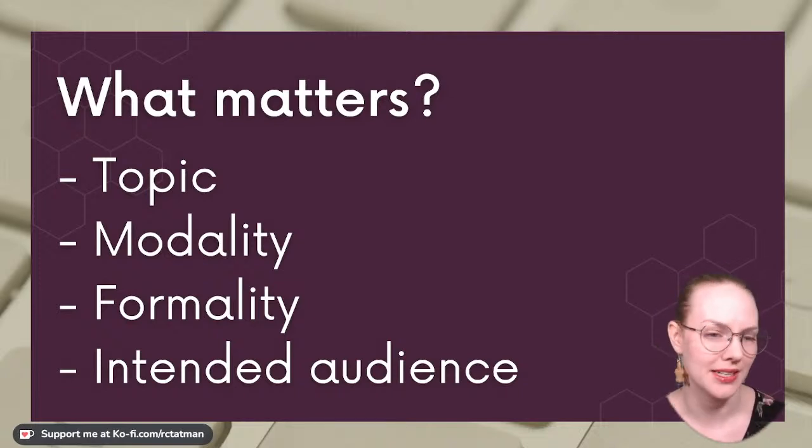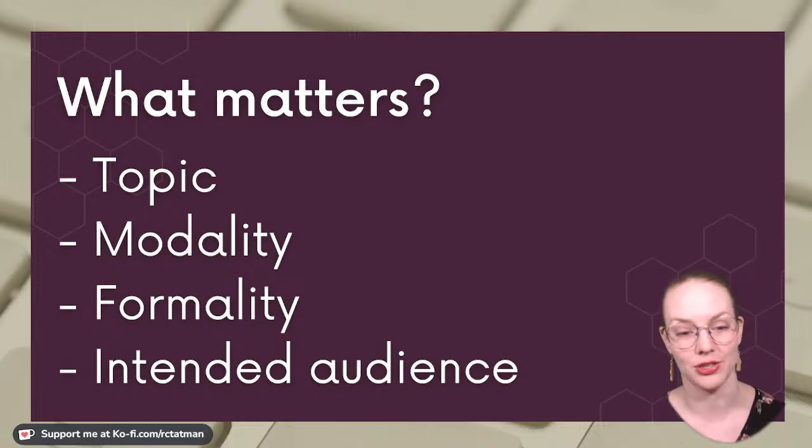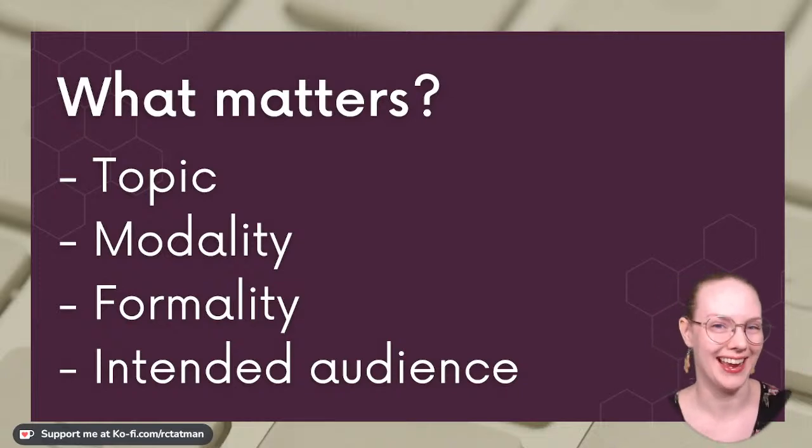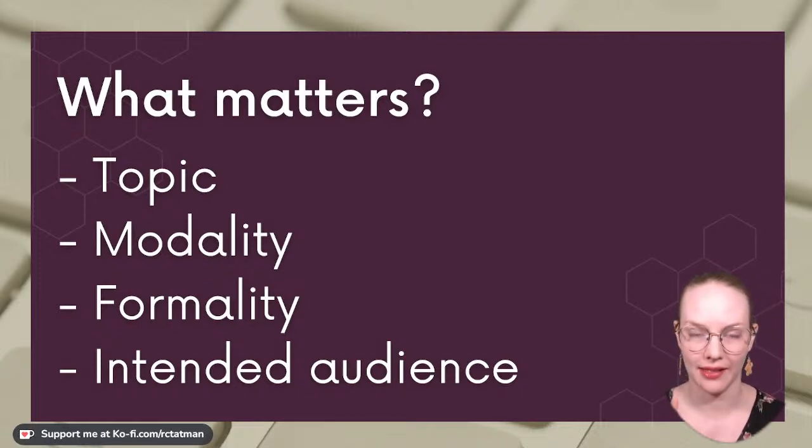There's a lot of other ones to consider. I mean, the most obvious one is, is it in the same language you're going to be seeing, right? If I build an English language model and I deploy it in an exclusively French-speaking community, it's not going to work very well, right? So I'm not talking about stuff like that. I'm going to talk about some specific things, and those are topic, modality, formality, and intended audience.